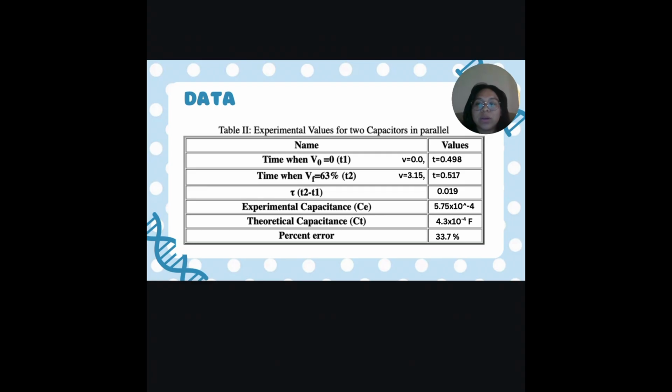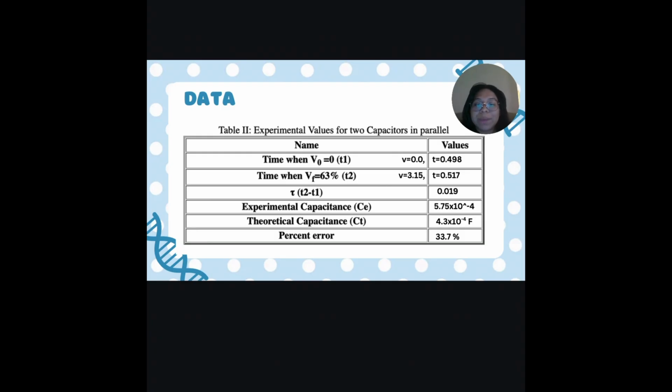And then from there, we use the same formula of T2 minus T1 to equal the experimental time constant. For this, our second step, we got 0.019. Using our time constant, we divided it by the 33 farads to get the experimental capacitance of 5.75 to the power of negative 4.